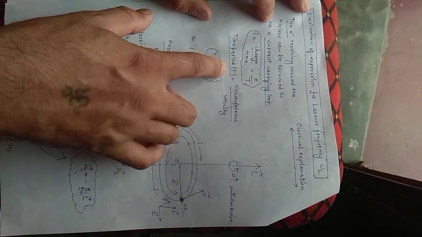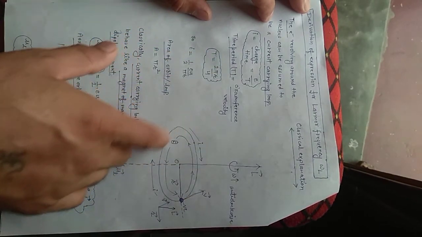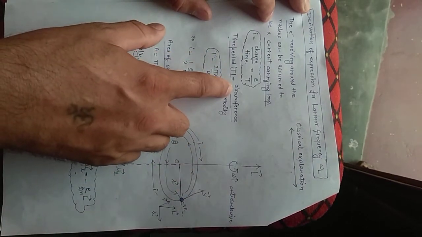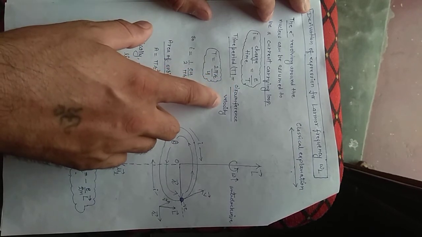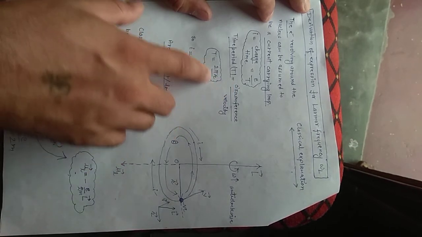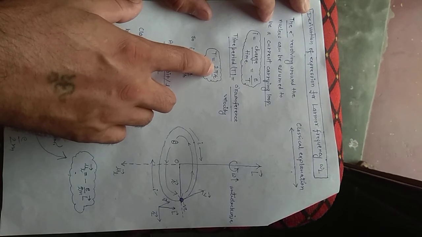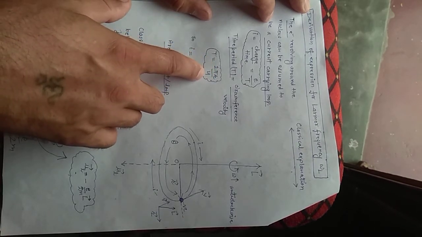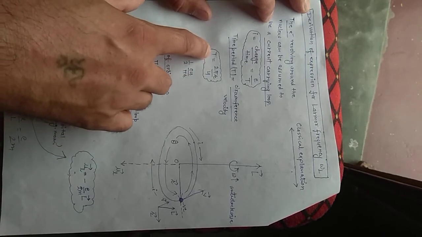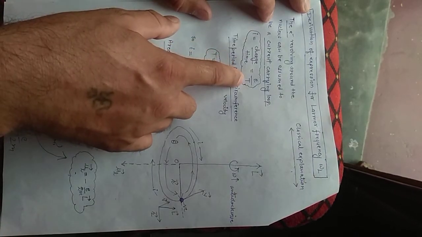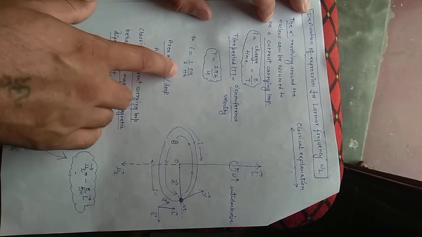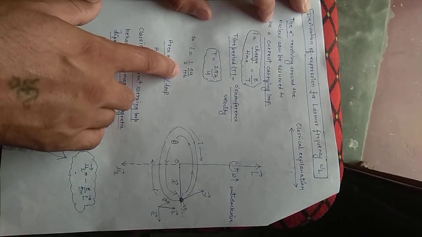So the time period to complete one revolution is equal to the circumference divided by velocity. The circumference is given by 2 pi r, you all know that, and the velocity is v. So if we put the value of T in the current formula, then the formula will become like this.